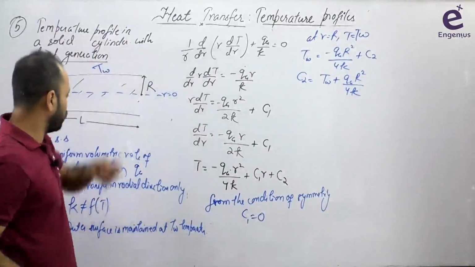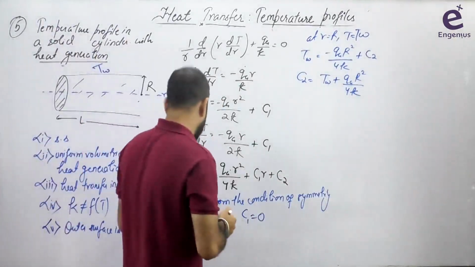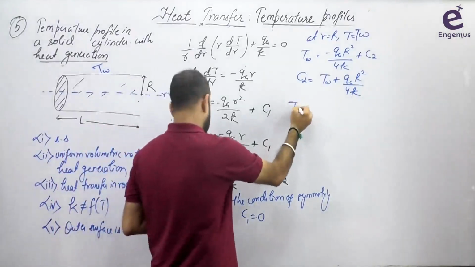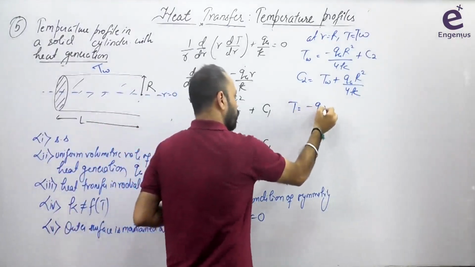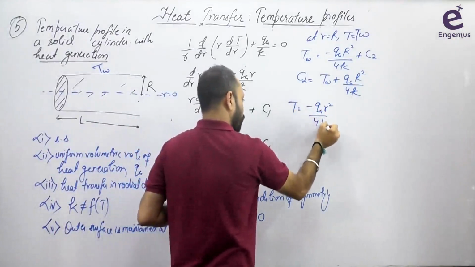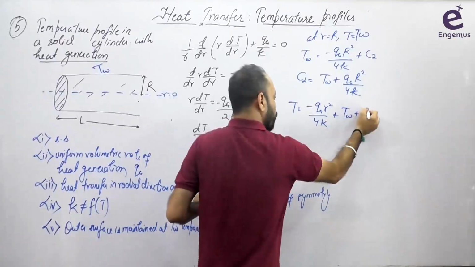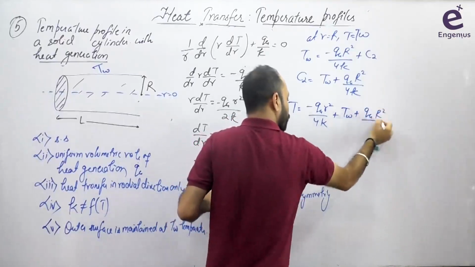ठीक है. और क्या इक्वेशन लिख सकते हैं? Let us write the equation. This is the T temperature profile. C1 is 0, so I have the equation as T is equal to minus QG R square by 4K, small k, plus C1 is 0 and C2 is TW plus QG R square by 4K.